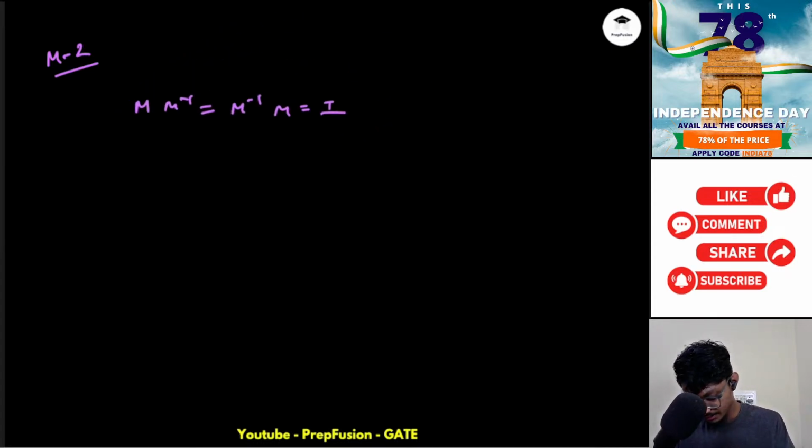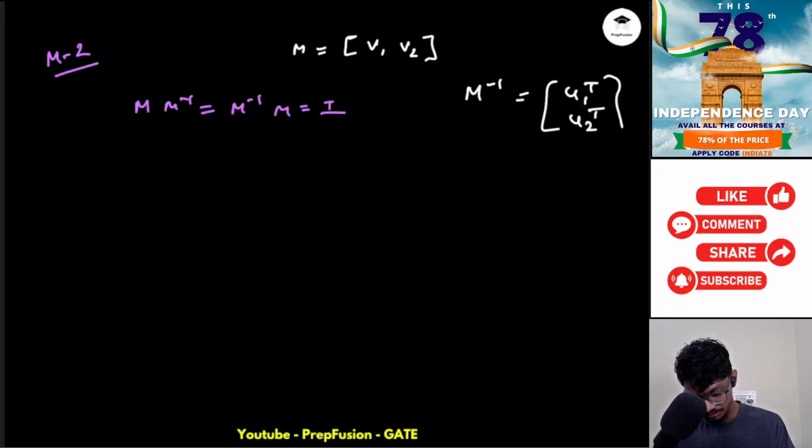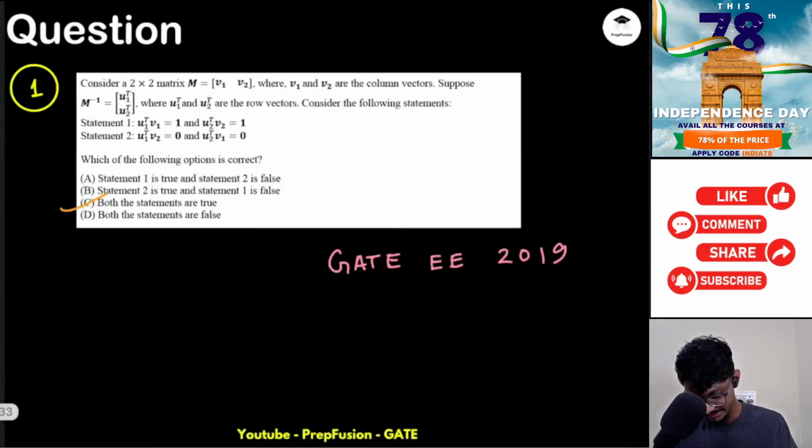Now here, my M is v1, v2, and M inverse is u1 transpose and u2 transpose. This is what my M and M inverse are, as defined in the question.